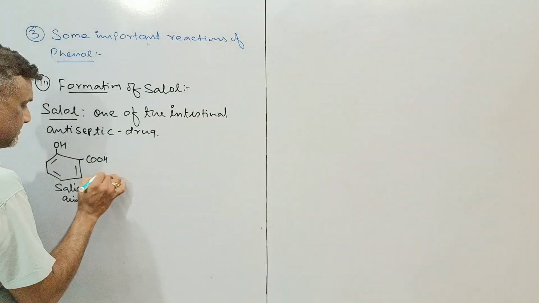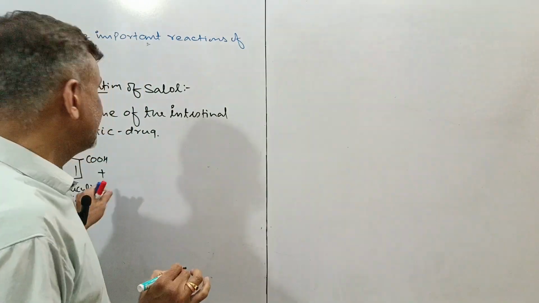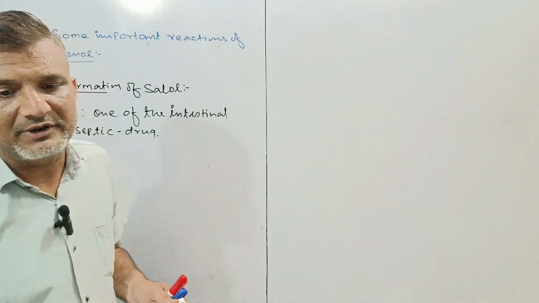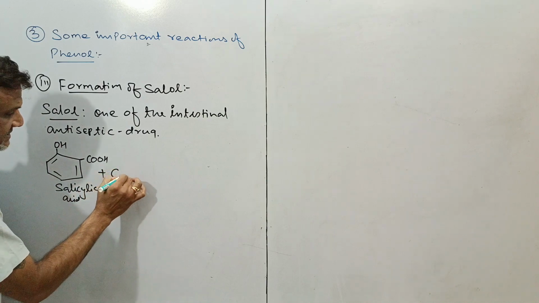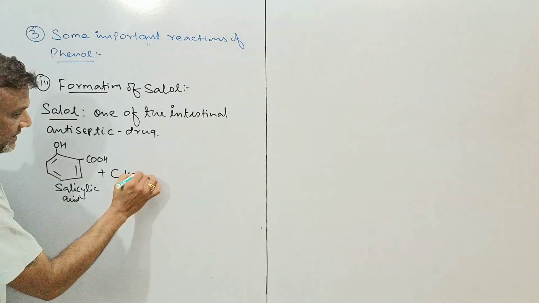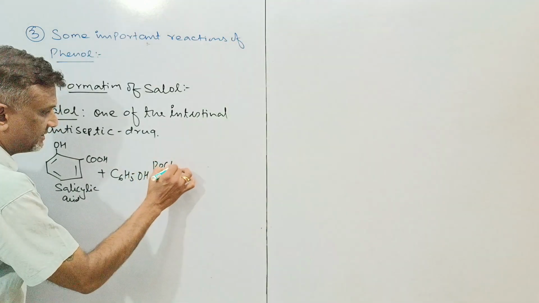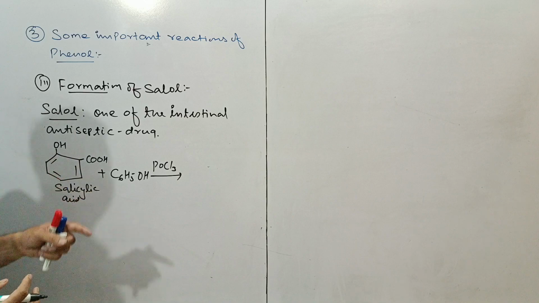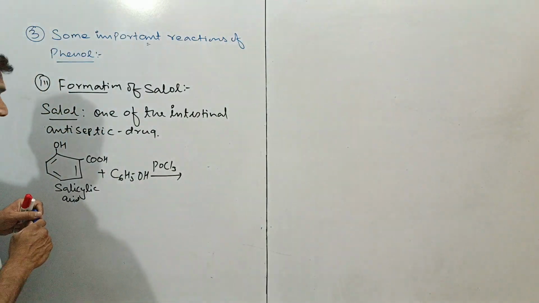Here we'll use one of the important compound, that is your phenol, C6H5OH. We will take the presence of POCl3. Now COOH और OH group present हो तो particular ester का formation होगा.